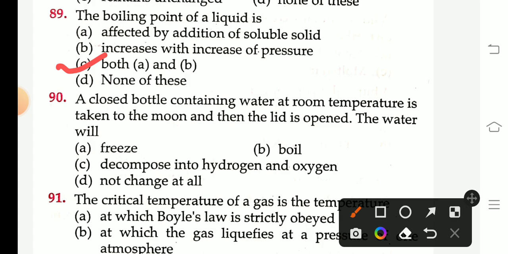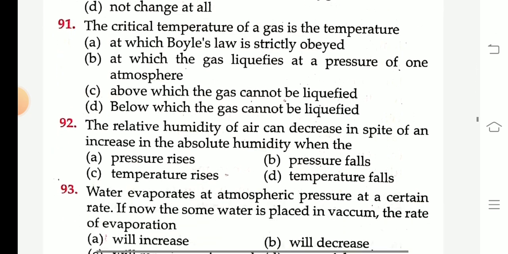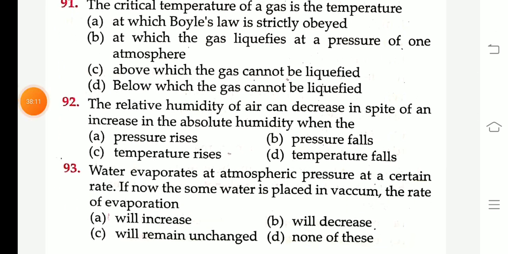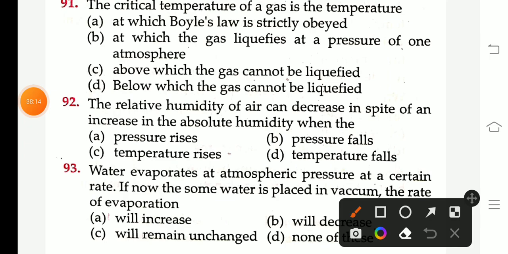Next, a closed bottle containing water at room temperature is taken to the moon and then the lid is opened. The water will. Right answer will be option B. Boil. Next, the critical temperature of a gas is the temperature. Right answer will be option C. Above which the gas cannot be liquefied.